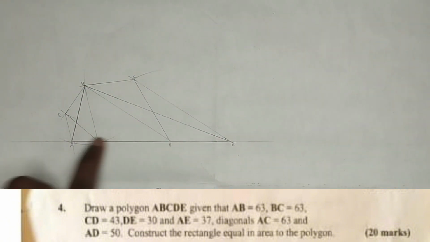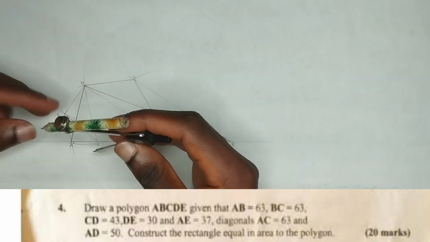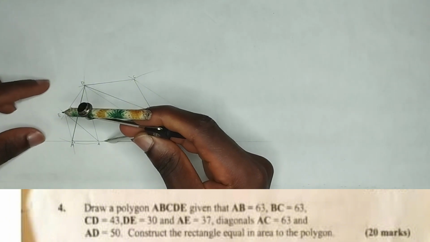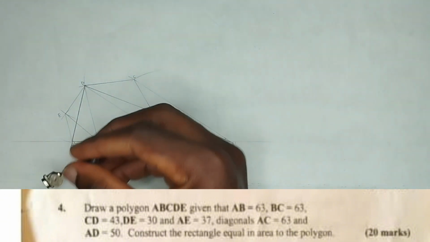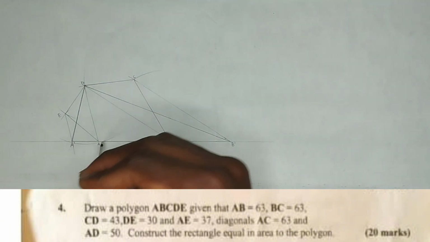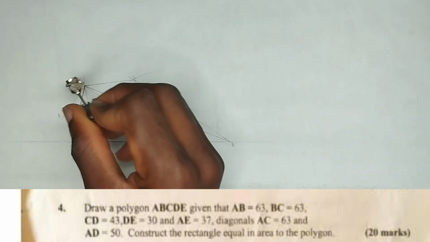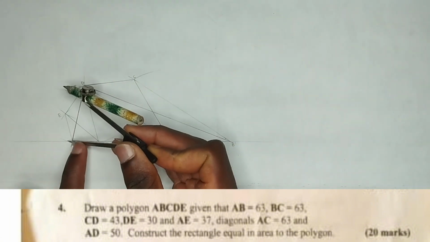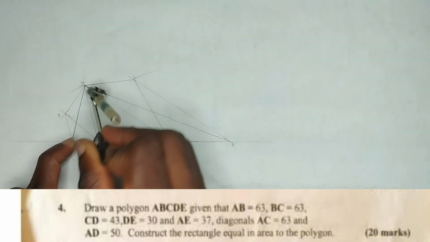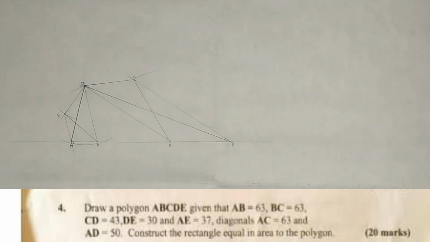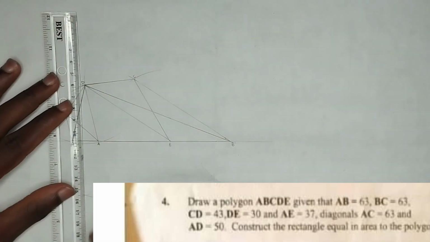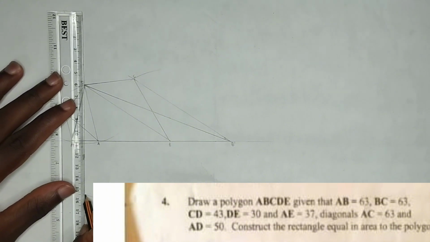So these two particular points here, which it is touching this baseline AB which we drew, I'm going to strike and hack like this, strike and hack upward. Then at this point also strike and hack, then strike and hack like this. So this is the perpendicular line which we are going to be drawing.